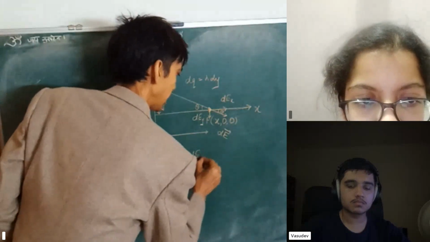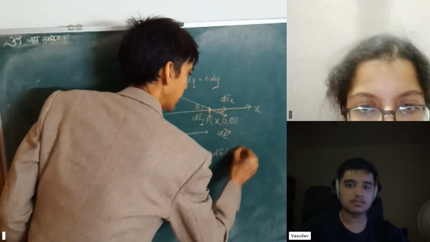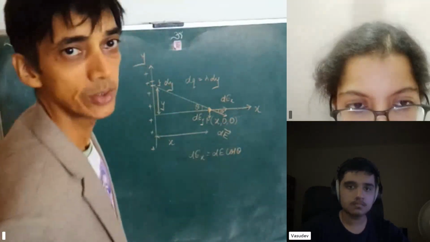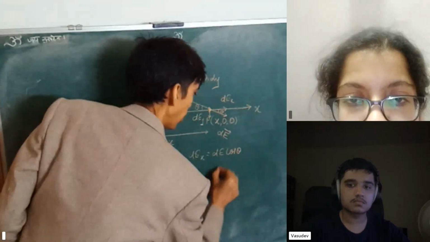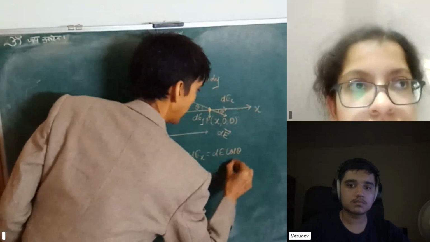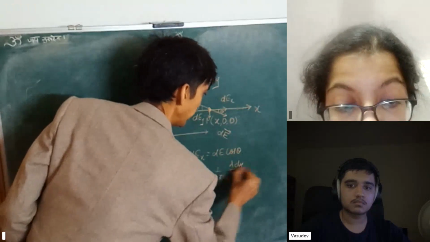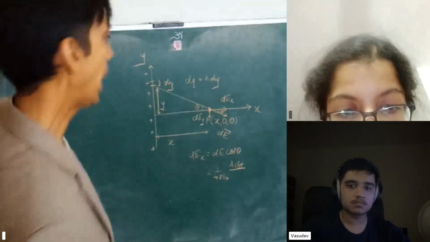dEx will be dE into cos of the angle theta, right? Yeah. dE into cos of the angle theta. What about dE? Use the formula 1 by 4 pi epsilon naught charge. What charge? Lambda dy. This is the charge. 1 by 4 pi epsilon naught, and what distance do we have?